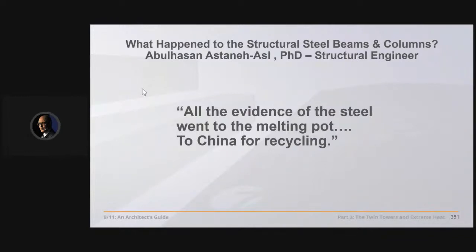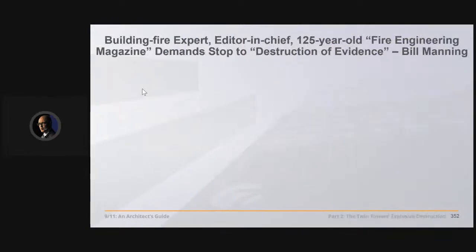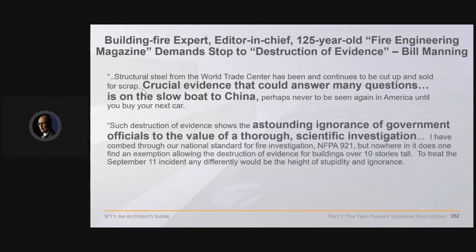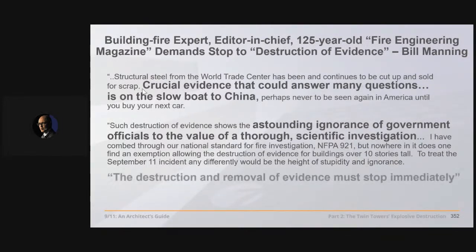Went to China for recycling, prompting Bill Manning, editor-in-chief of Fire Engineering magazine, to cry out, crucial evidence that can answer many questions is on the slow boat to China, showing an astounding ignorance of government officials to the value of a thorough scientific investigation. The destruction and removal of evidence must stop immediately.